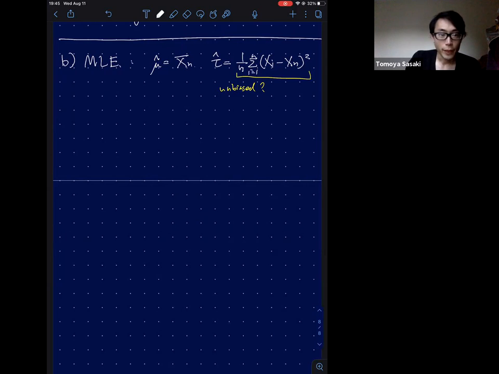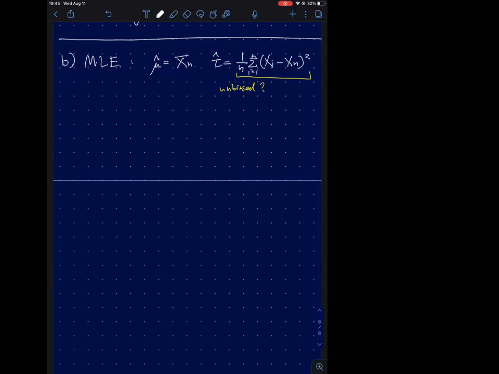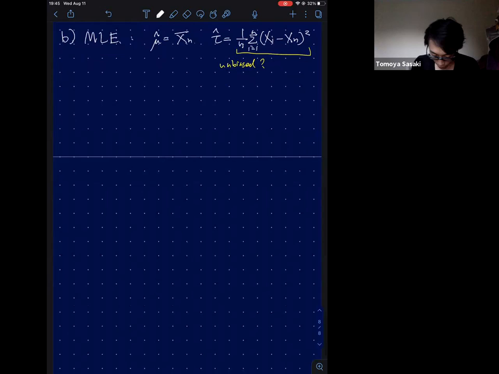Anyway, okay, let's go back to the questions. So C is okay. Next, compute the constrained MLE as specified. It's going to be based on H naught: mu star equals 0. So let's do a little bit of derivation for this, because this is going to be a little bit tricky.